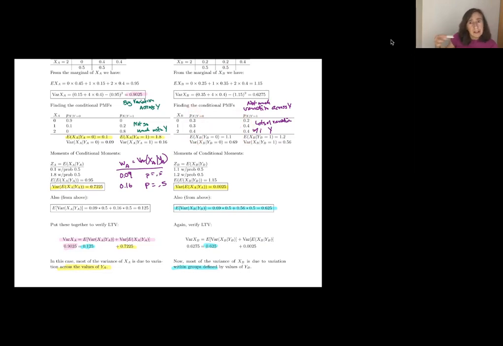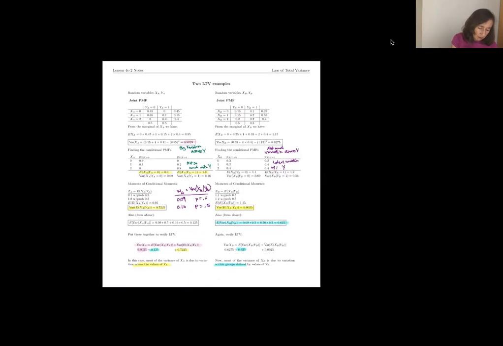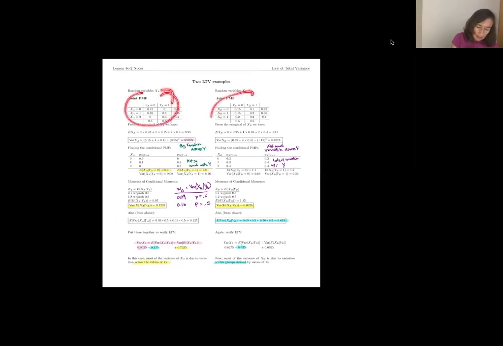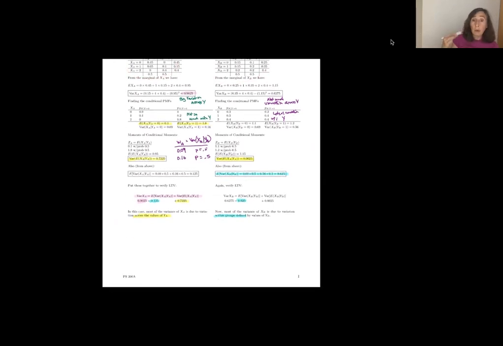Okay, so this is a little example that I cooked up where we knew the whole PMF, we knew everything there was to know about these random variables because I made them up. But the cool thing about this decomposition that the law of total variance lets us do is it helps us find these values from just the conditional moments.